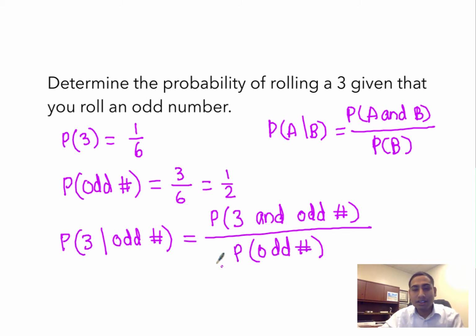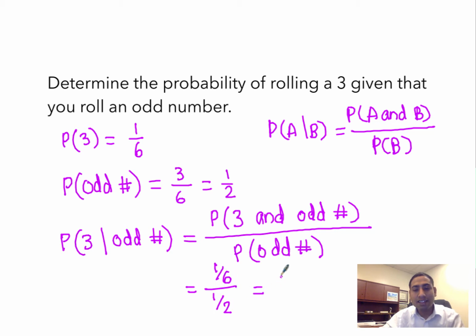Okay, so the probability of getting a 3 and an odd number is the same as the probability of getting a 3, because 3 is an odd number, so it is going to be 1/6, same as what we got up here. And then the probability of getting an odd number, well, it was 1/2. Now we just need to simplify this.